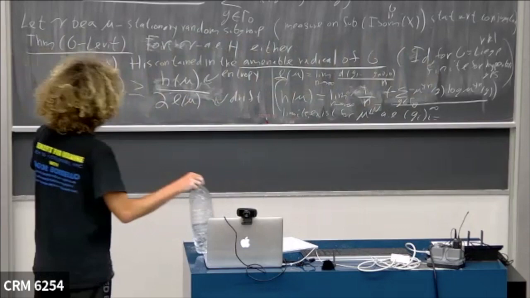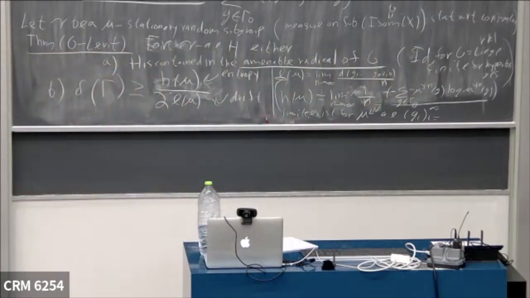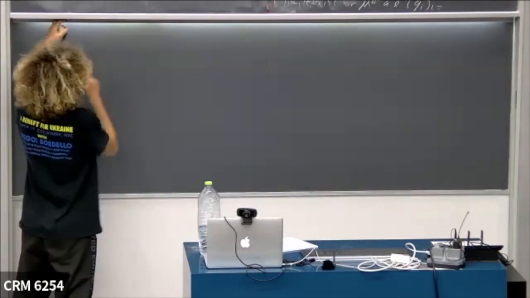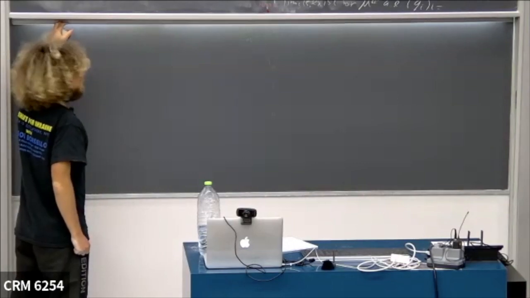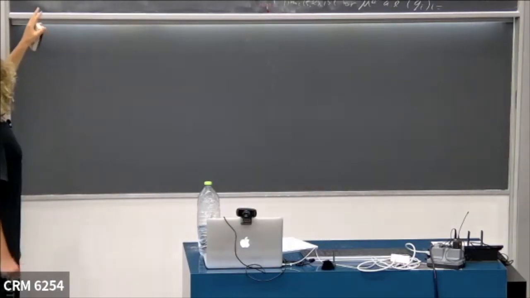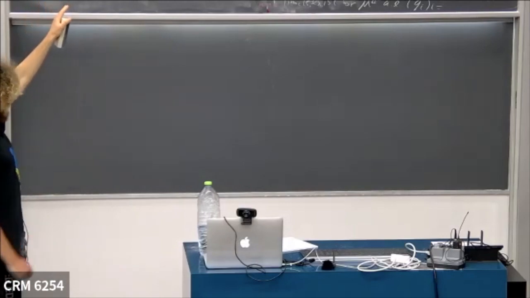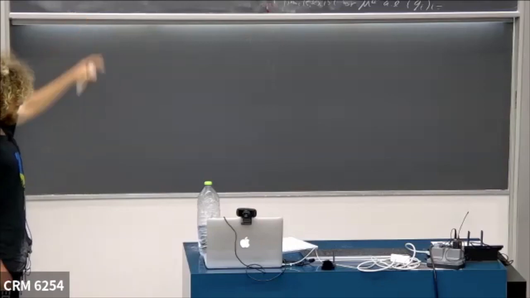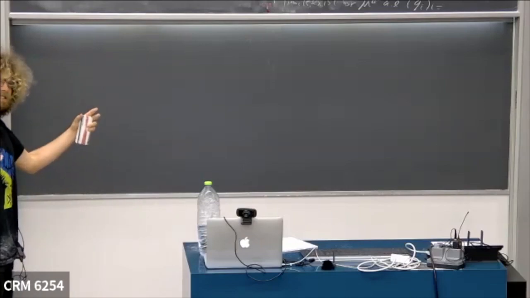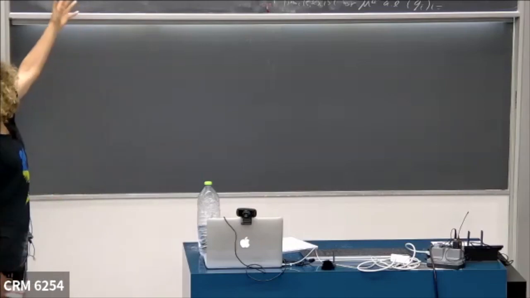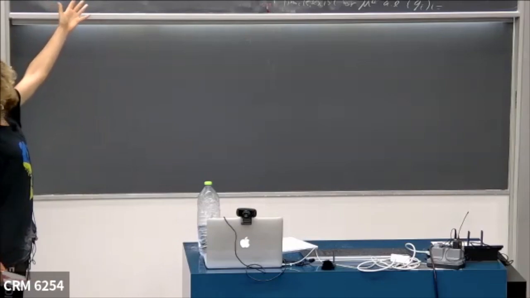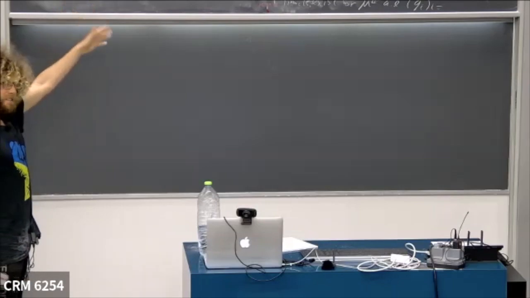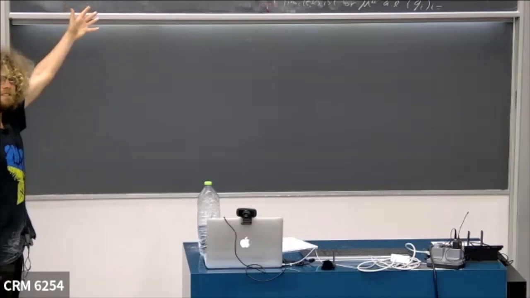Yes, I'm going to this next, so thank you for asking. Only the measure is supported in gamma. The stationary random subgroups are not subgroups of gamma; they're subgroups of G. As Tafik said last week, if you take a different mu which has the same Poisson boundary, then it has the same stationary random subgroups.